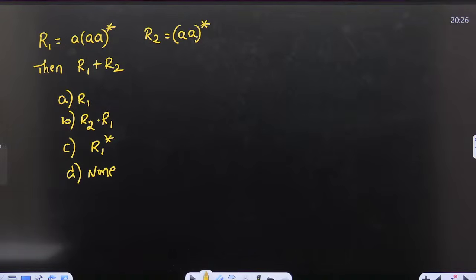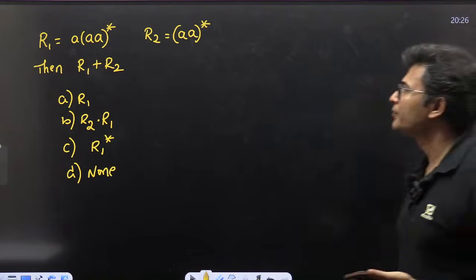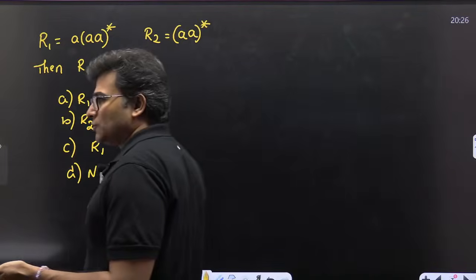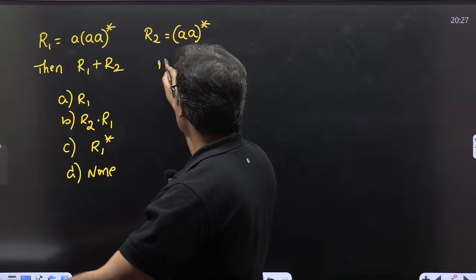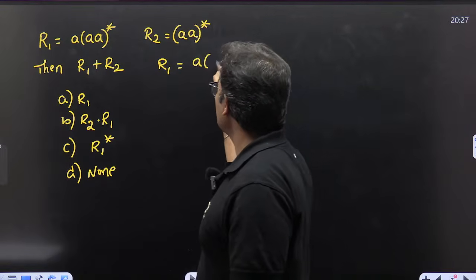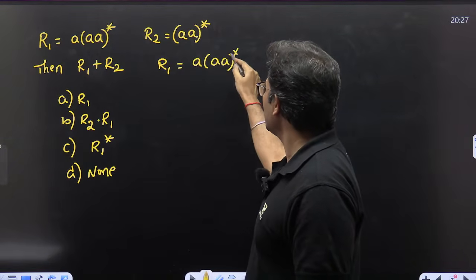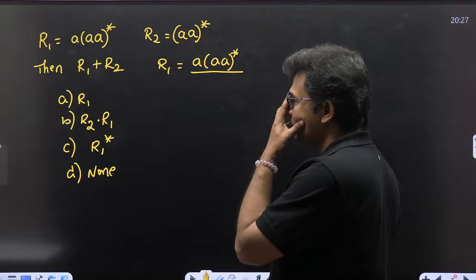Some people are saying D, some people are saying A, some people are saying C. Let's solve it. What is R1, guys? R1 equal to A star, so this is nothing but odd number of A's.